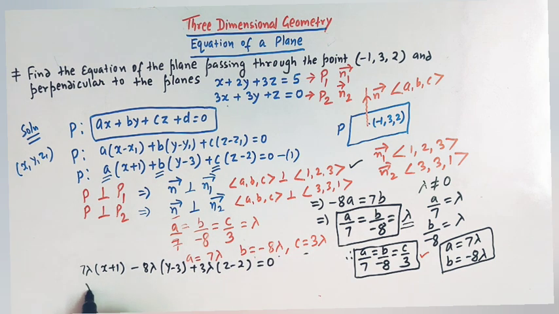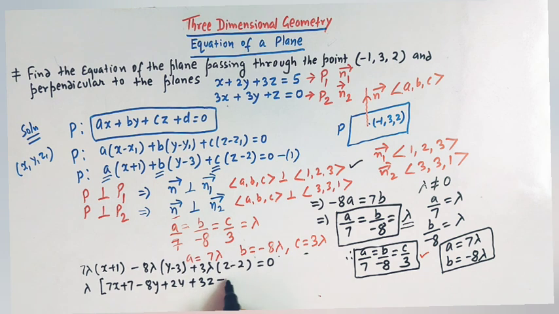Now if we take lambda as common, then we have 7x plus 7, and here we have minus 8y plus 24, and then we have 3z minus 6 is equal to 0, right?